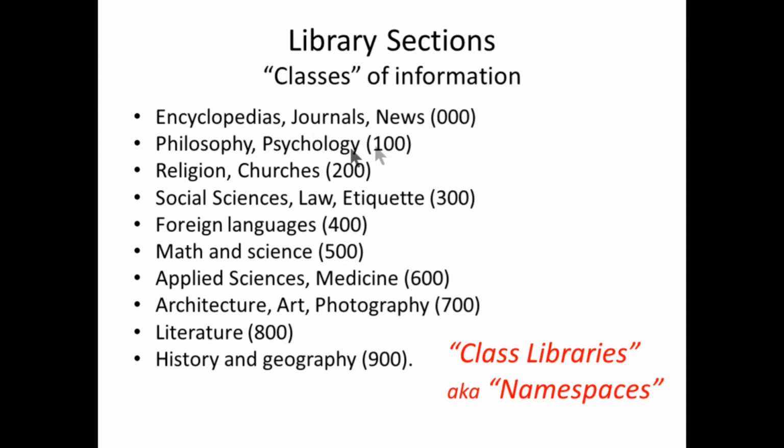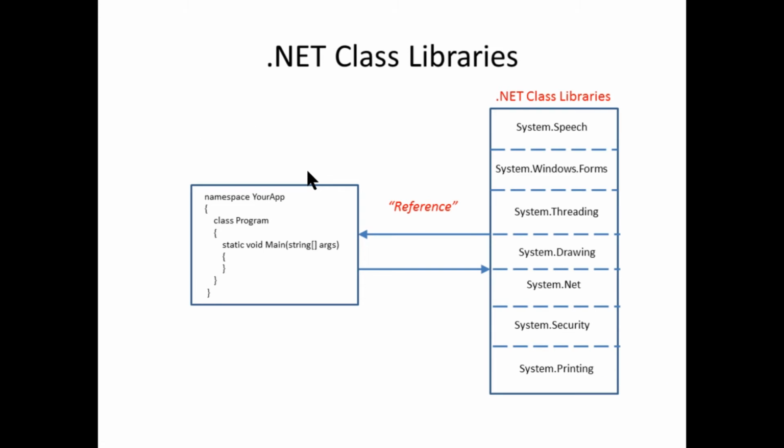You classify information with an address so that you can reference the class and the address to get your information. So that's what a class library or namespace is, basically a class of available information that you can refer to. All you need is the address and to know where to go.